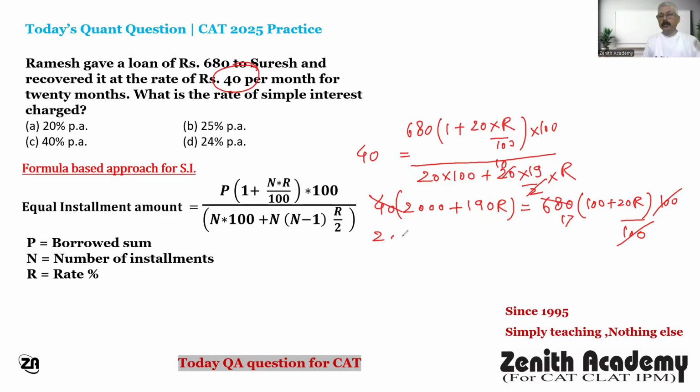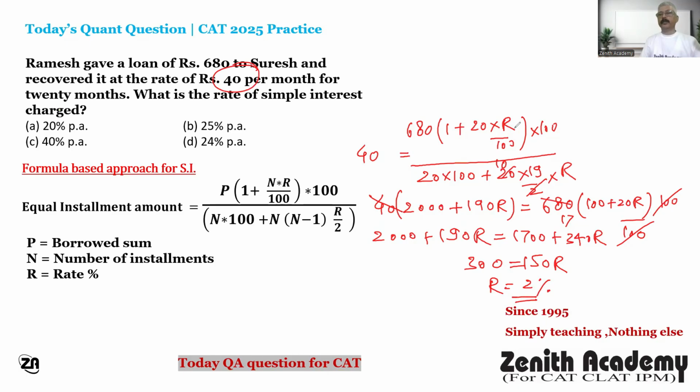So now this is 2000 plus 190 R. It's 1700 plus 340 R. 340 minus 190 is 150 R, and 2000 minus 1700 is 300. So R is 2%.